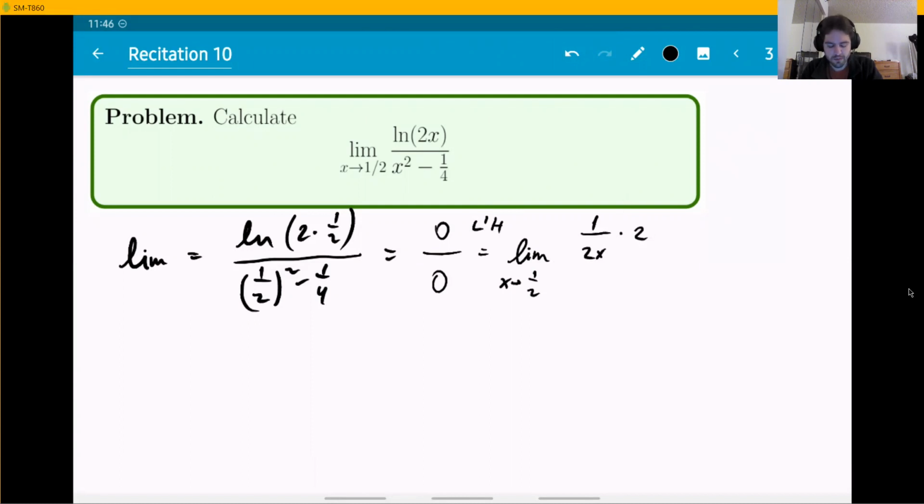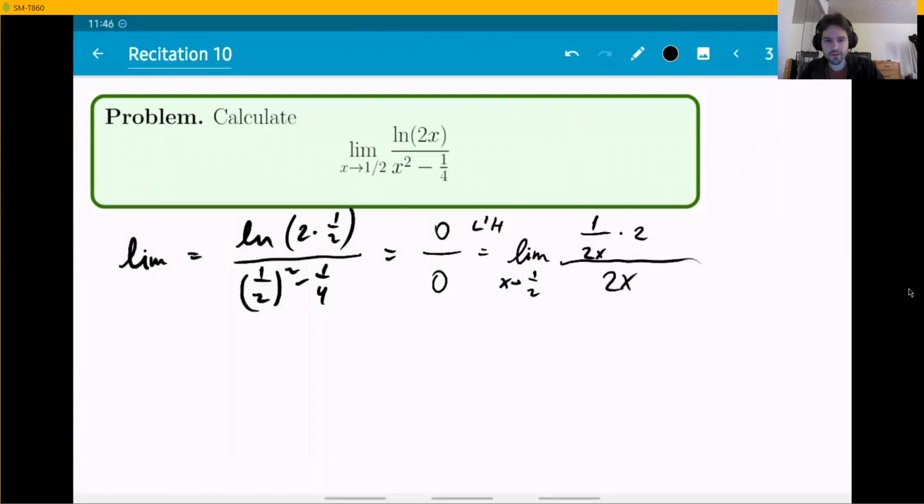If you apply the derivative of the outer function ln, applied to the inner function 2x, you get this 1 over 2x. And then multiplied by the derivative of the inner function 2x, which is 2. So this is the derivative in the numerator. Denominator is easier, that's just 2x. X squared becomes 2x after you apply a derivative.